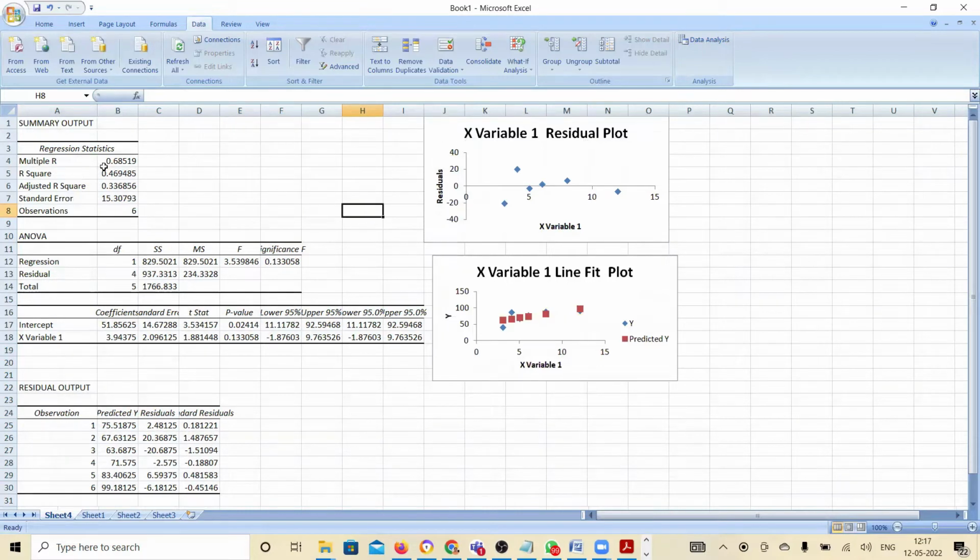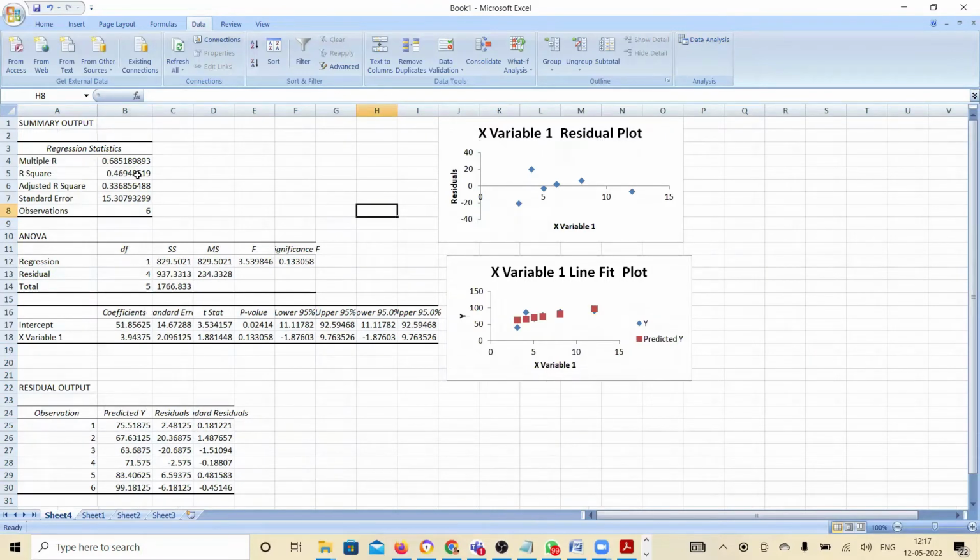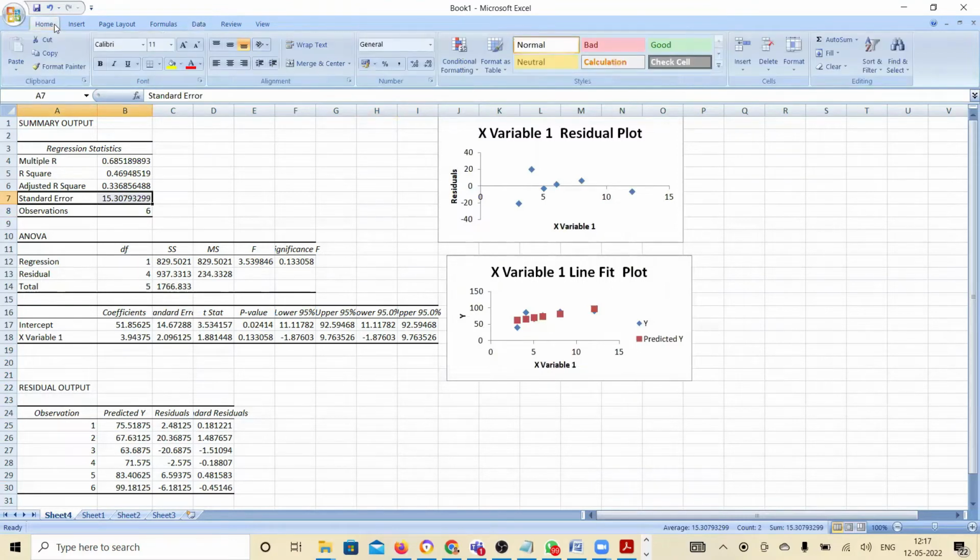So multiple R square, standard error, observation. Observation is the number of data points. So we have 6 values. So 6 is observation. Standard error is one other metric that we need to find out. We have run the model, and we'll talk about the metrics later. Let's look at this first.